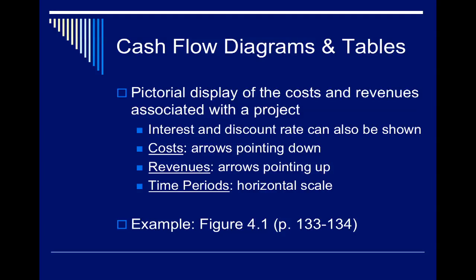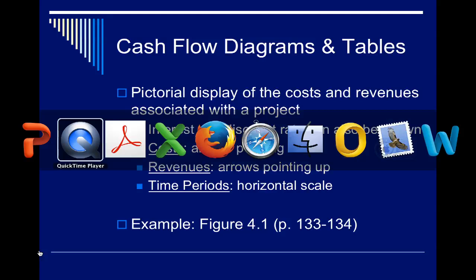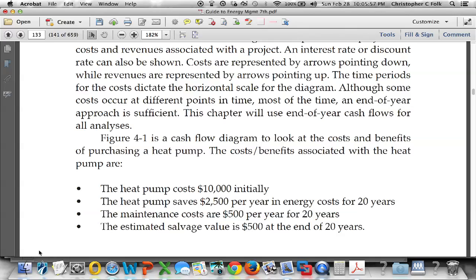And when we look in the book on page 134, we're going to see that there's a really nice cash flow diagram that the authors used, but they didn't tell us how to do it. So I'm going to go to that for a moment, and let's take a look at that. So this is page 133, where they explain that they want to maybe buy a heat pump.